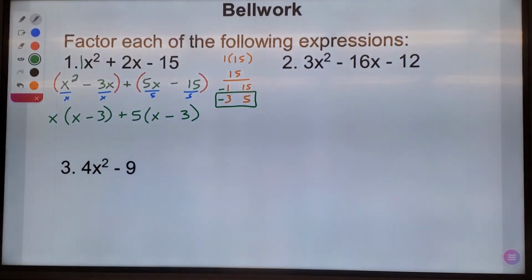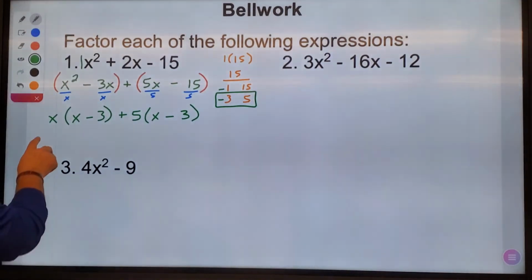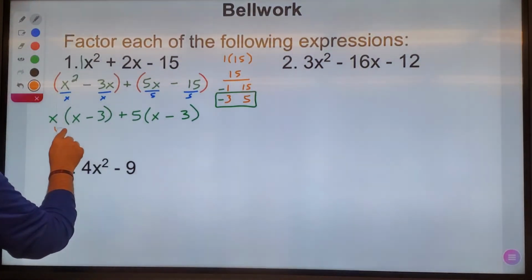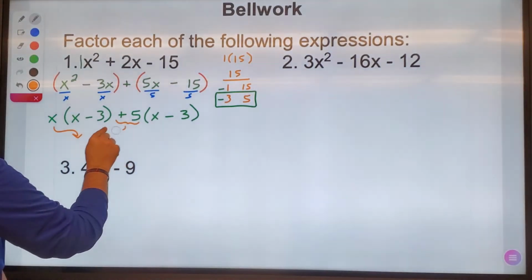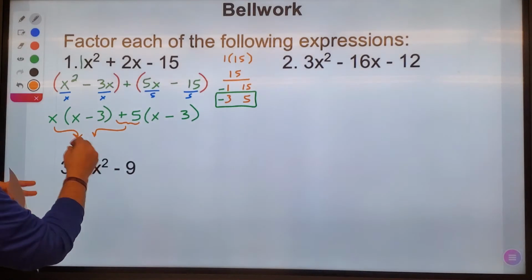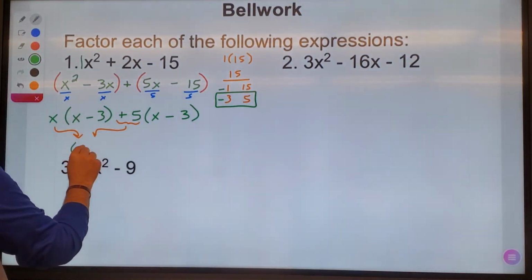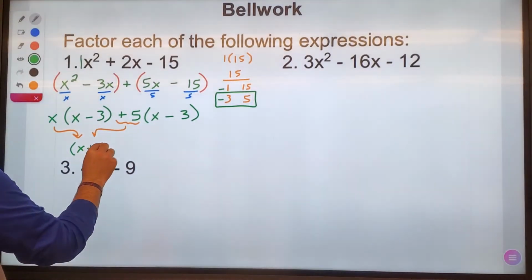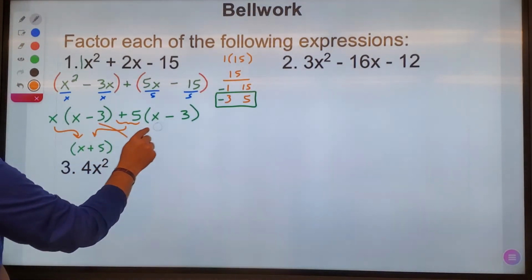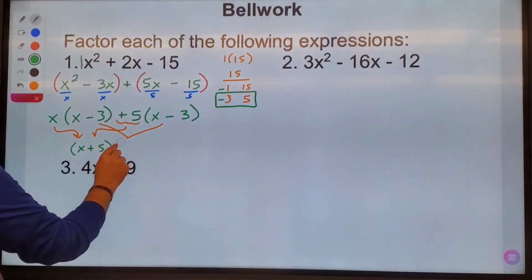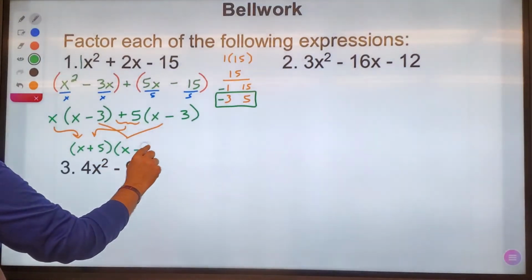If they are not identical, we've messed up. What's on the outside, the greatest common factors, will just slide together. So that's x plus 5. And then whatever's inside the parentheses will just be transferred down one time, x minus 3.